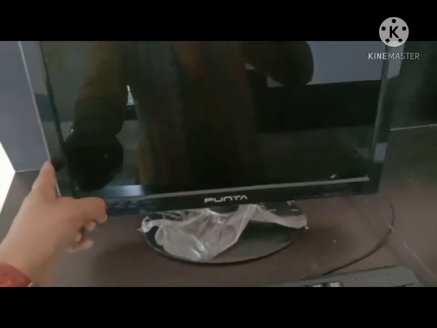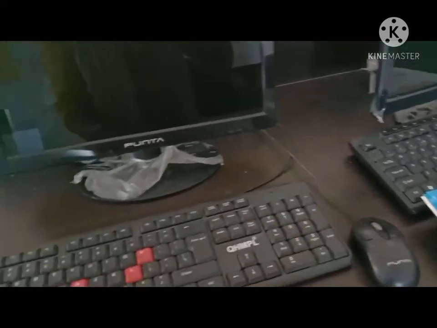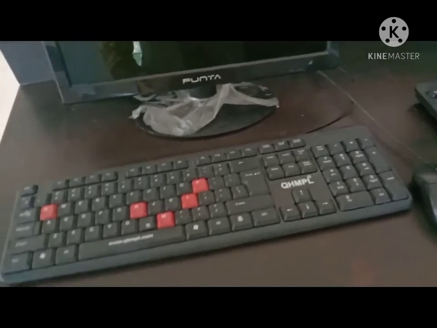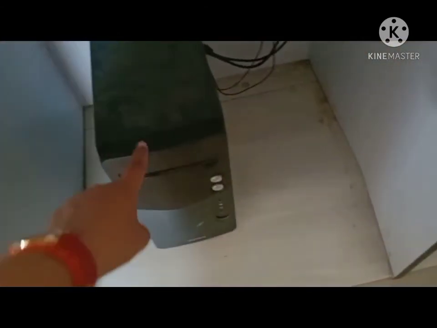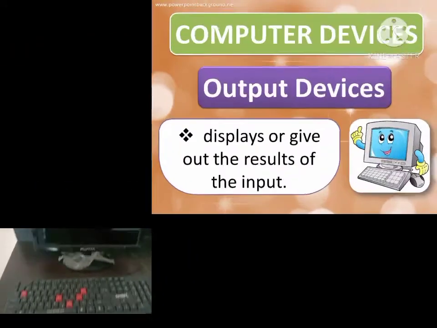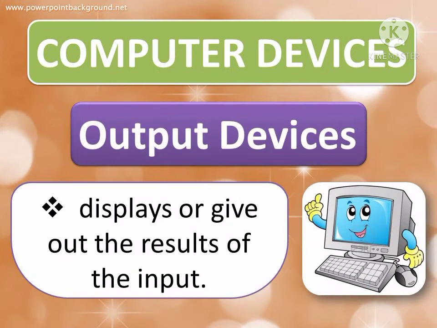Monitor. Monitor gives us output. So students, keyboard and mouse are input devices because we input data from these devices, and CPU is a processing device because the CPU processes the given data, and monitor is an output device because it shows the result of the instruction that we give to the computer system. So, it is an output device.